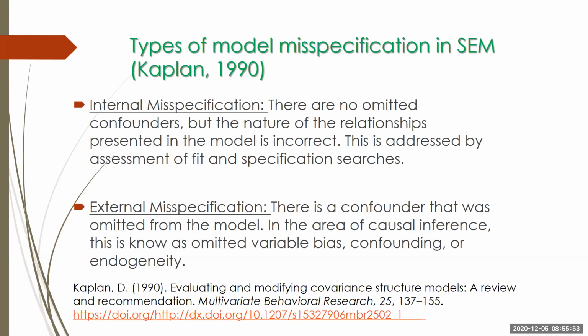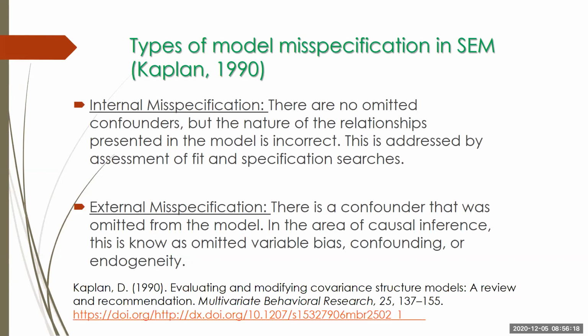That includes latent variables and observed variables. This type of evaluation of internal specification is done in common practice in structural equation modeling through assessment of fit and specification searches. So this is already a well-adopted practice.